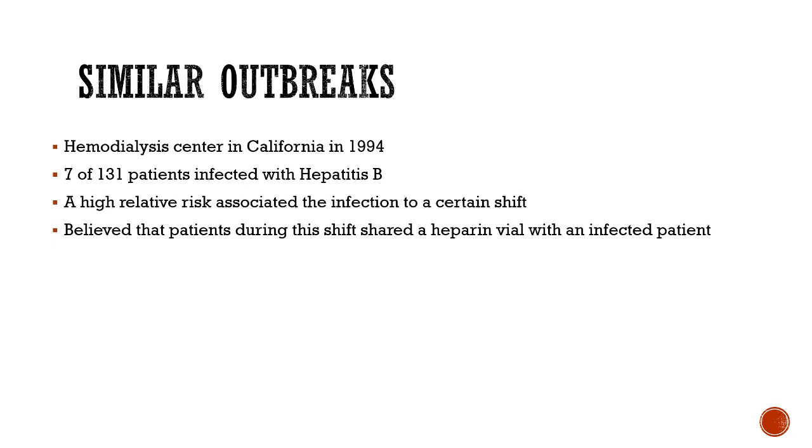In one of the hemodialysis centers, they did a cohort study that calculated the relative risk, which showed that in one of the shifts, a heparin vial was reused. One of the patients receiving treatment at one of the stations was infected with hepatitis B, and all the patients receiving treatments at the same station were infected because they shared the same heparin vial as the patient that already had hepatitis B.